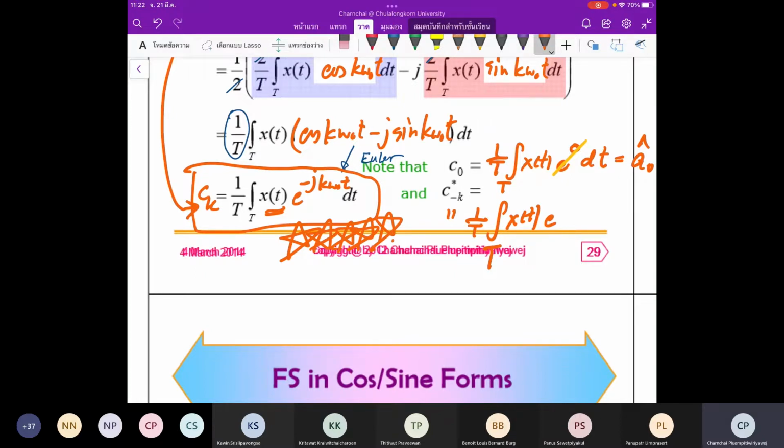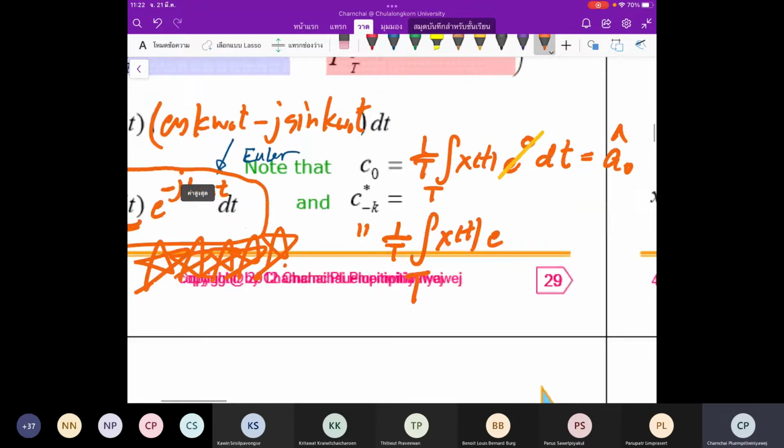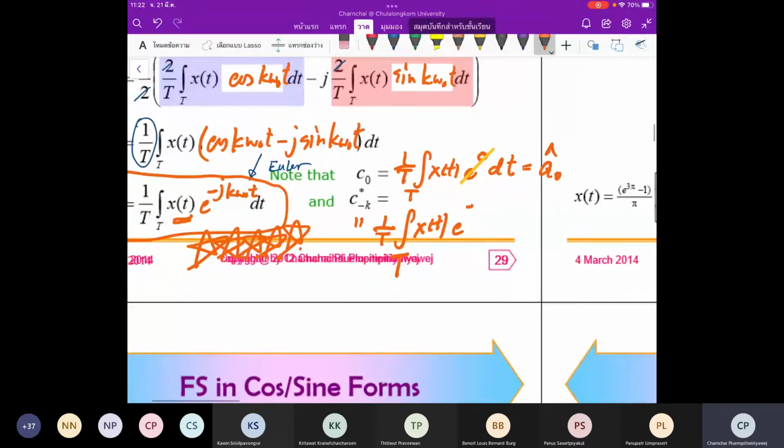If it's conjugate, you change j to negative j, and you change k to negative k as well, omega naught t dt. So you can see here, this is the same as ck. If you take the conjugate and negative k, it becomes the same as ck.